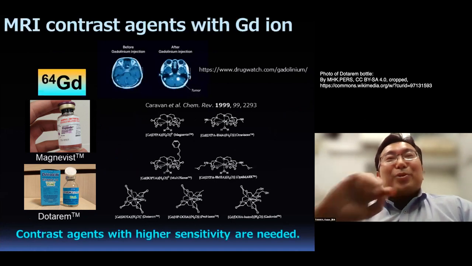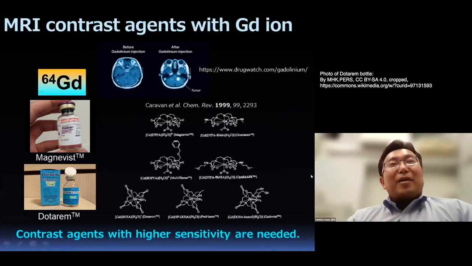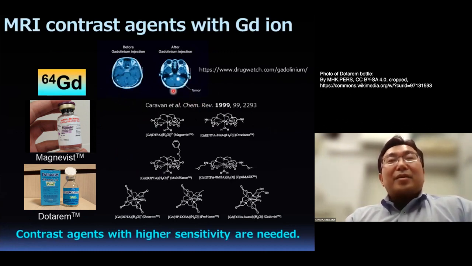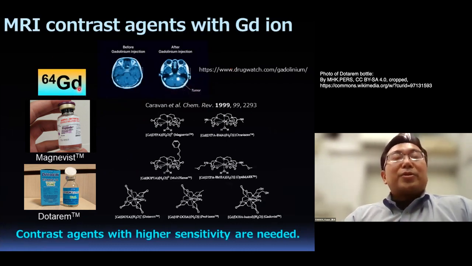This is a general introduction of MRI contrast agent. By using the contrast agent, we can detect small tumors, and in these materials, gadolinium ions should be included.